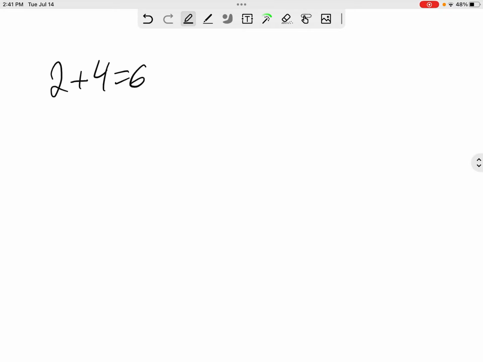We'll use the plus sign as the adding sign, of course. Then 2 minus 4 makes minus 2. Whenever we're doing subtraction, we're going to use this as the subtraction symbol.